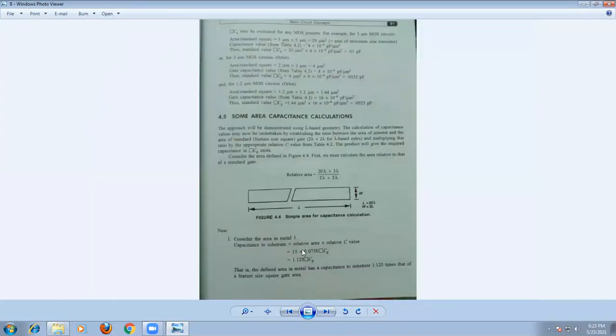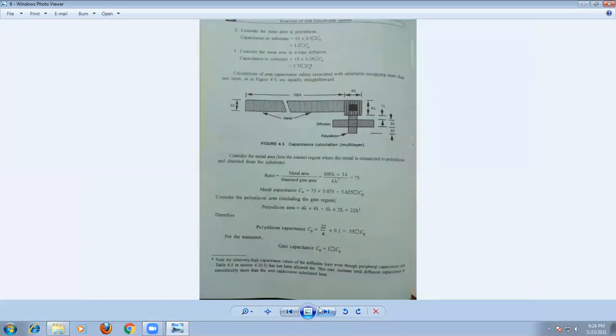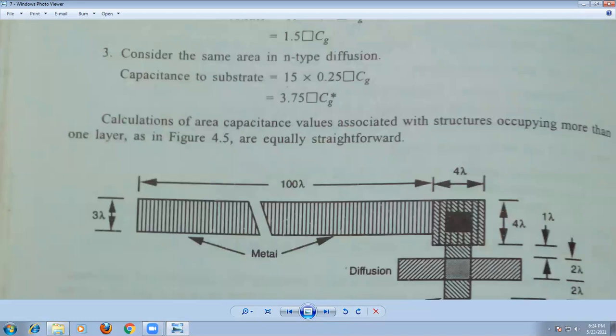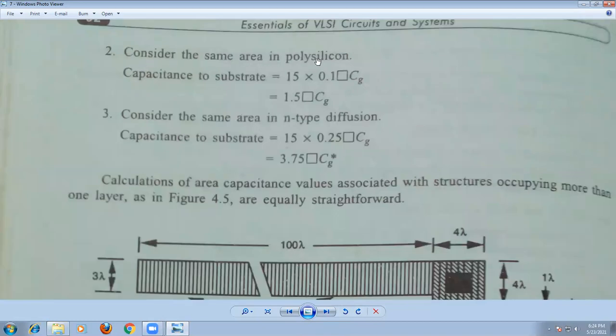So you can substitute 15 into 0.1 square Cg. Consider the area is polysilicon. Polysilicon to substrate capacitance is equal to 15 into 0.1 square Cg, so it is nothing but 1.5 square Cg, right? 1.5 square Cg.